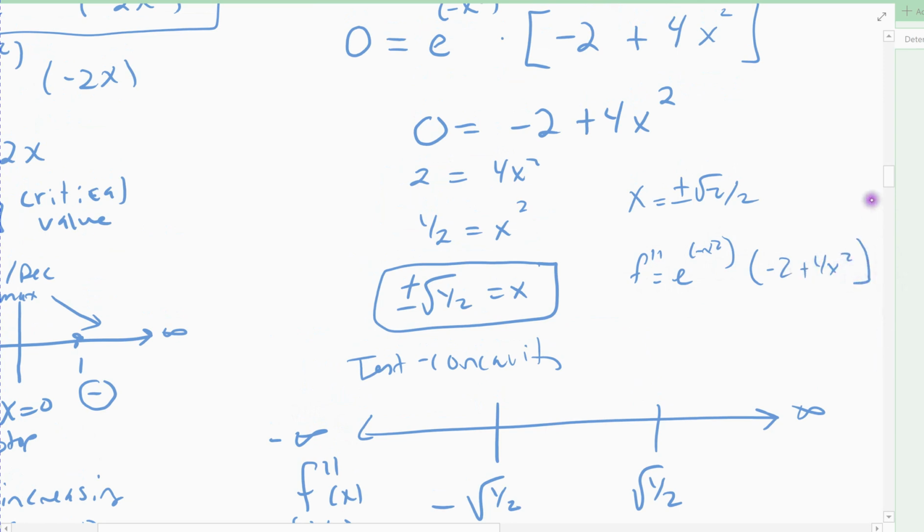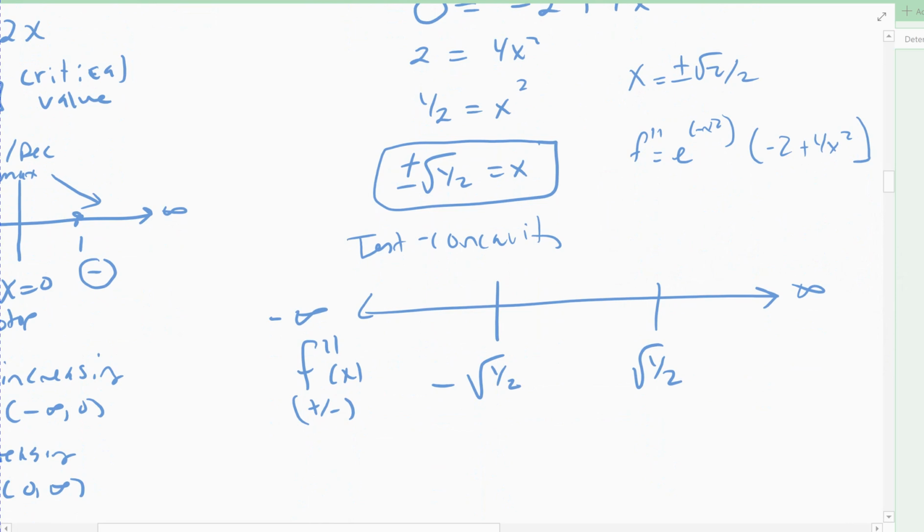So I have to look at, remember, e is always positive, so it's really the polynomial part I look to see if it's positive or negative. The test points I like are -5, 0 is always a good one, and +5. When I plug +5 and -5 in, the same thing's going to happen. So I just have to plug one of them in, right?